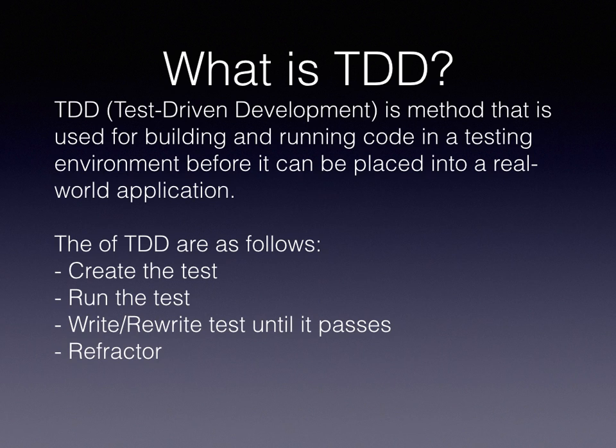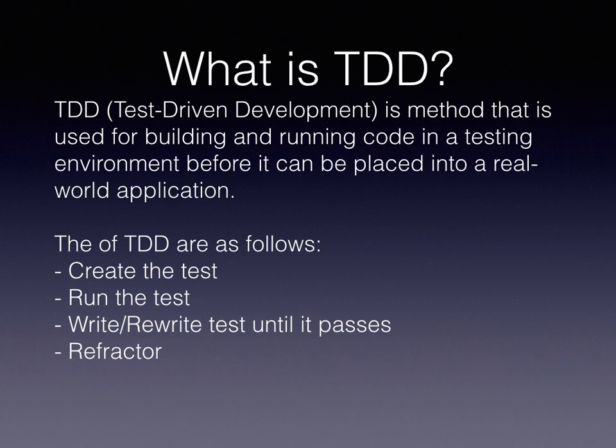So what is test-driven development? Test-driven development, or TDD as an acronym, is a method that is used for building and running code in a testing environment before it can be placed into a real-world application.